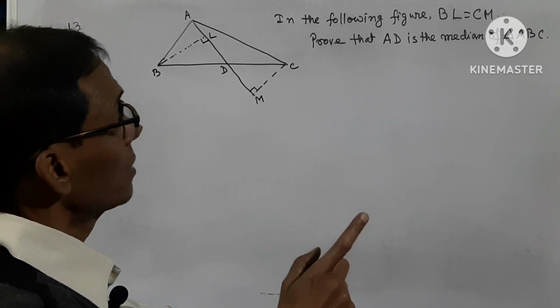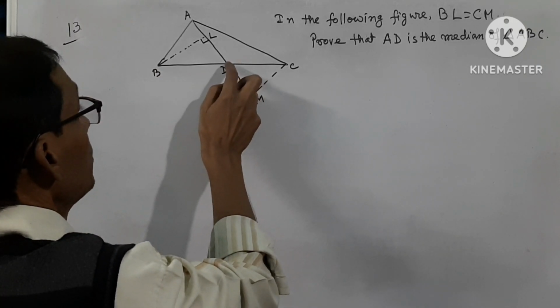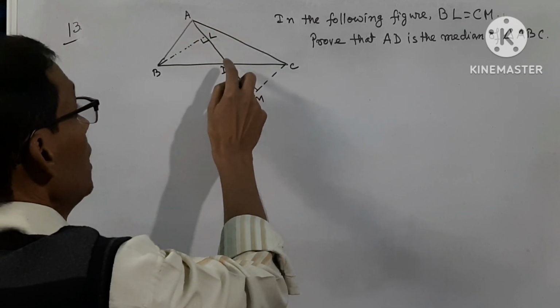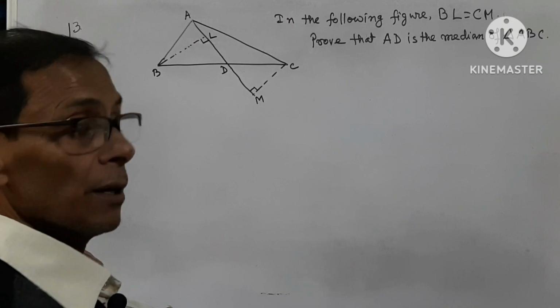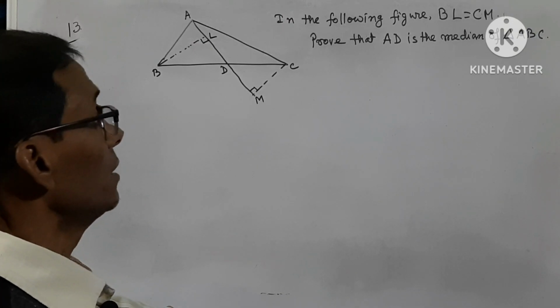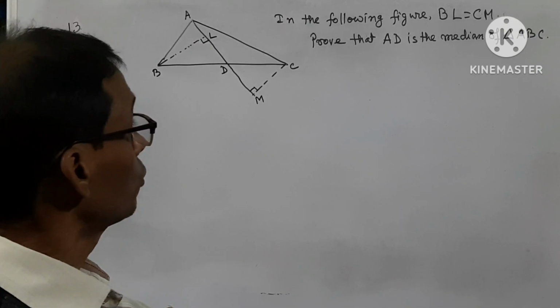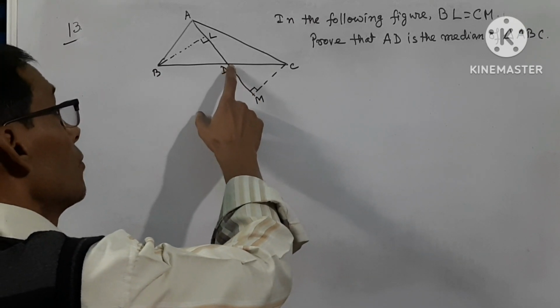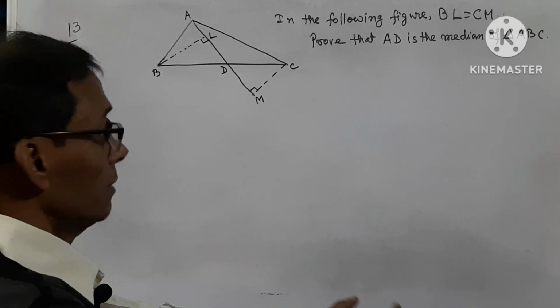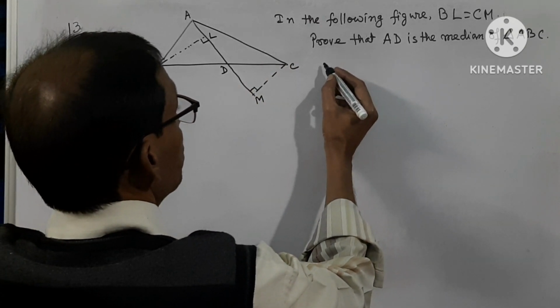In the last sum I told you median means D is the midpoint of BC and A is joined to the midpoint, so AD is called the median. You have to prove that AD is a median. That means, in other words, you have to prove BD equals DC. So let me prove.